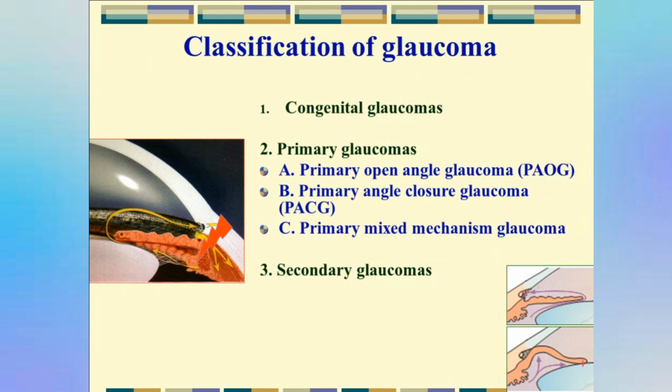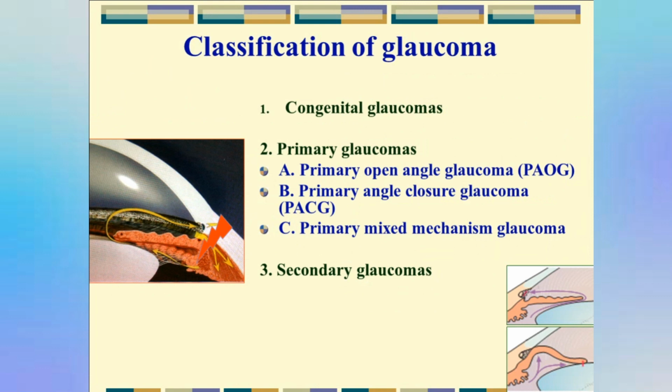There are a lot of classifications of glaucomas, but usually we divide them into congenital glaucoma, primary glaucomas, and secondary glaucomas. As for the primary glaucomas, we can divide them into primary open angle, primary closed angle, and primary mixed glaucoma.